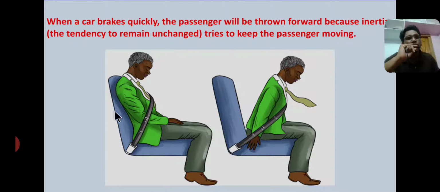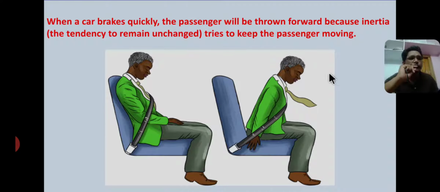When the brakes of a vehicle are applied quickly, the passenger will be thrown forward like this, from this initial position. So from here to here, the passenger will be thrown forward because of inertia. So this is the best example for inertia.